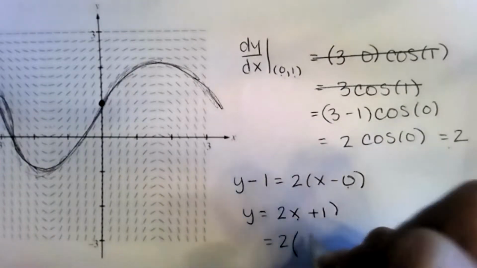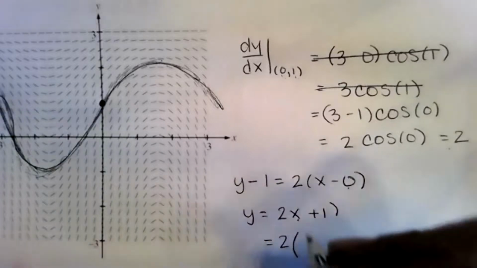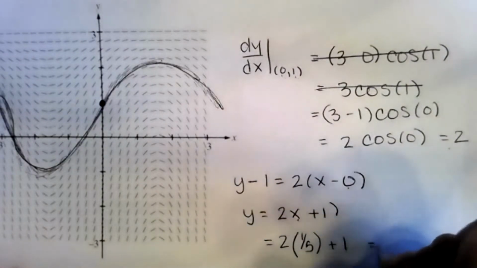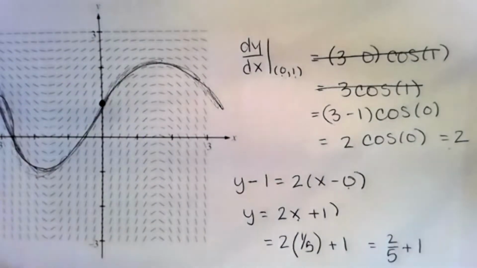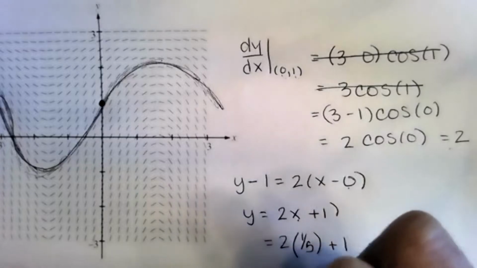And 0.2 is really the same as 1/5. You could say it's the same as 2/10, but I like to put it as a fraction so it's easier for me to see 2/5 plus 1 because I know that 2/5 is 0.4. But again, you could multiply 2 times 0.2 and also get 0.4, and you get 1.4.